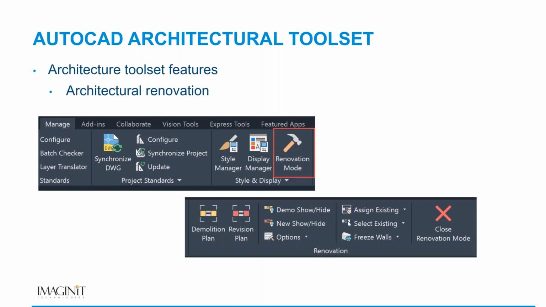Now, with the renovation feature, this is a new feature that's specific to the AutoCAD architecture tool set. And you're going to see that you launch this from the Manage tab, you click on renovation mode, and it gives you the option to do demo, new, and you've got some options here you can do. You can assign to existing, you can select existing, you can freeze walls, you can turn around and add things to demolition plans or revision plans.